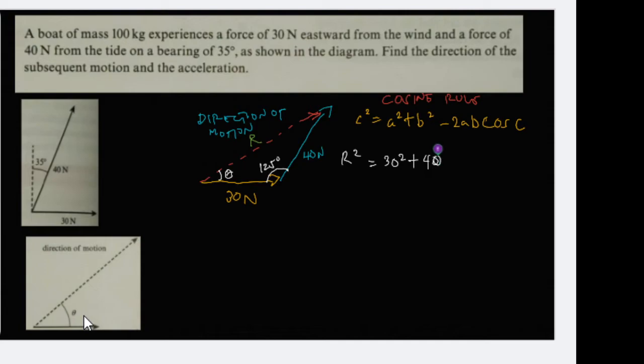Okay, so that's 40 squared minus 2 times 30 times 40 cosine of 125. I hope it's okay. Okay, it's visible. Now, after this, we can just use your calculator directly.